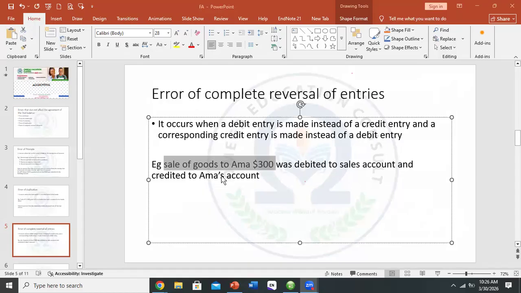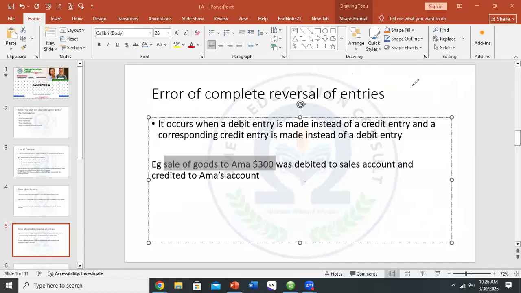So here, how do you correct it? And let me give you the pictorial view so that you can look at how you can correct this. So let me use the green marker. So the correct thing that should have been done is they should have opened sales. Permit me to use just the letters to represent the accounts, but since I'm adding explanations, you can make sense of it.